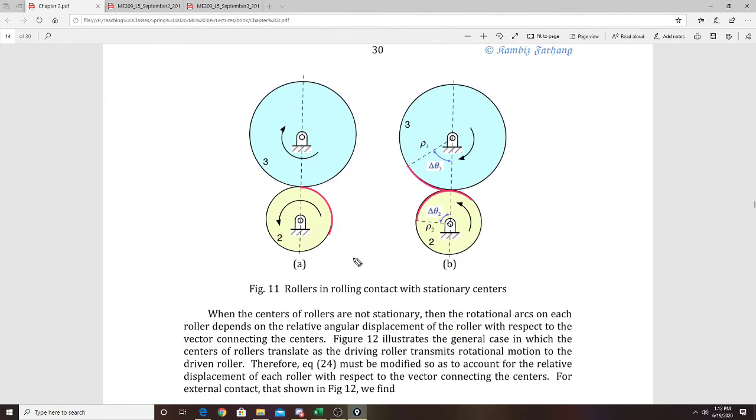So essentially as this rolls, this red highlighted part is the arc length of this circle. And as it turns, you would probably agree that this distance right here, their contact distance, has to be the same. Would you agree with that?